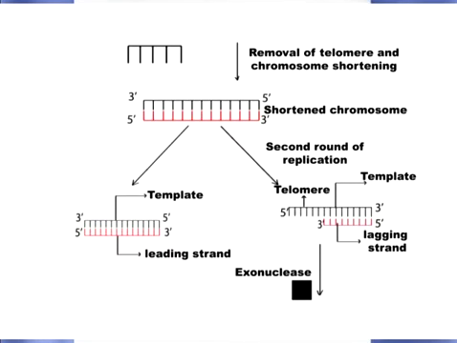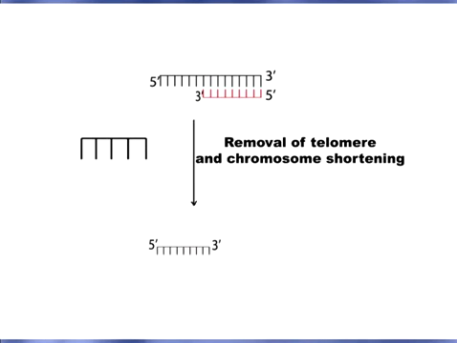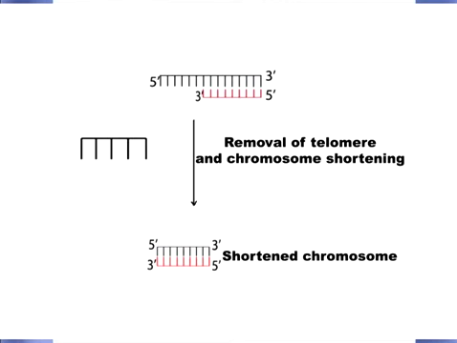This chromosome shortening is a normal process in eukaryotic somatic cells, as they divide only a certain number of times before the DNA loss prevents their further division. This phenomenon is known as the Hayflick limit.